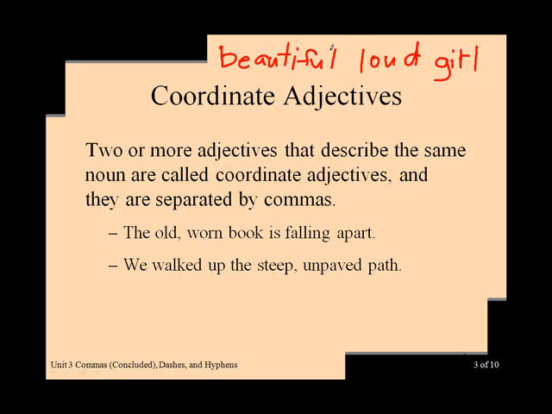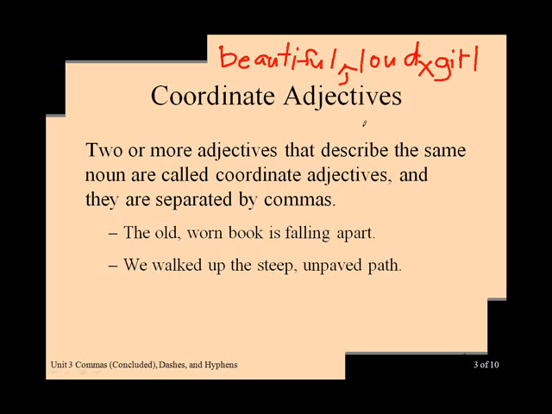Now that is saying that the girl is beautiful and the girl is loud, using two adjectives to describe one noun. Whenever we have that happen, we have to put a comma in between the two adjectives. But make sure you do not put a comma between the last adjective and the noun.